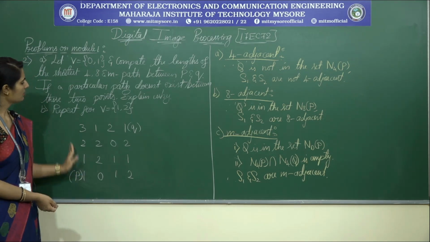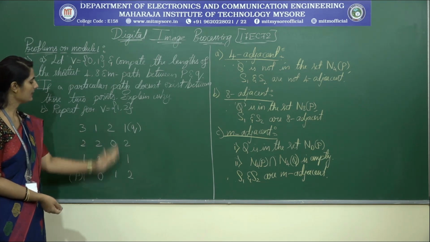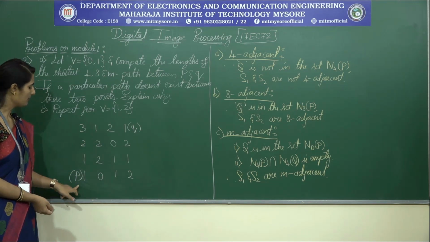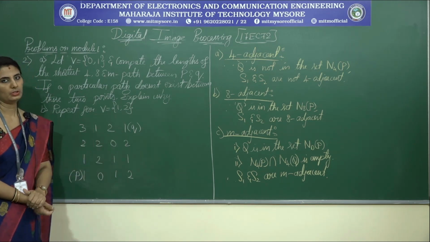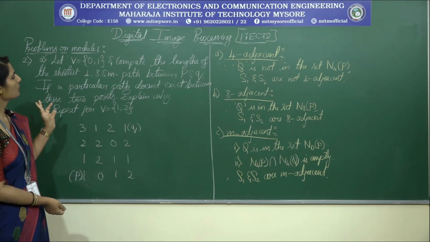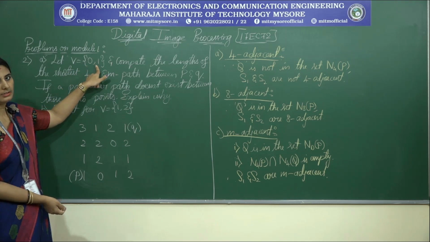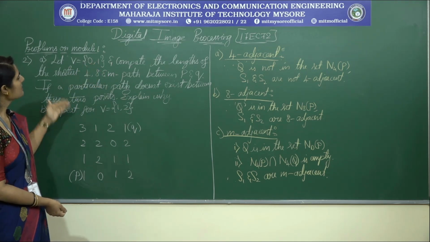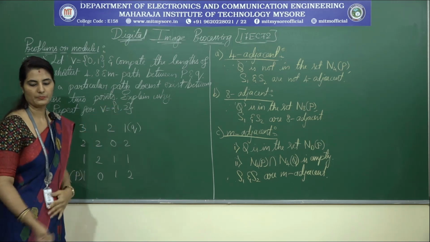Here you have some subset of pixels having different intensity values. They have also mentioned the 2 points P and Q. So here we need to find the 4 path, 8 path and M path for V equals {0, 1} in the first case, and in the second case we have to find the same thing for V equal to {1, 2}. Okay.